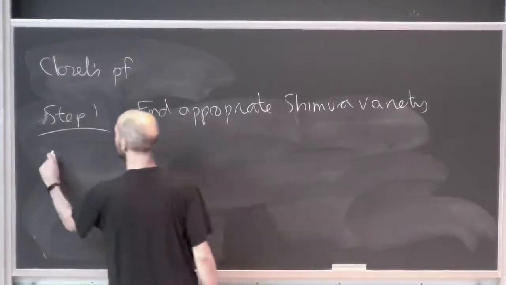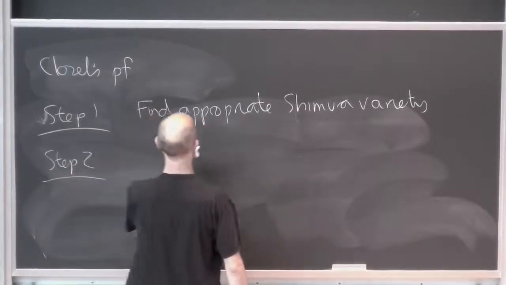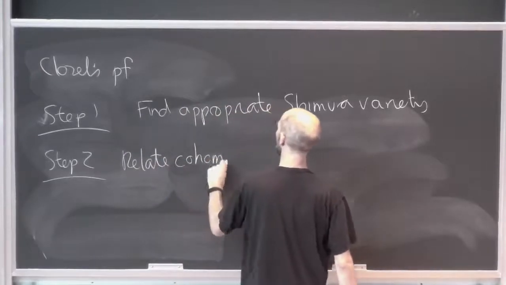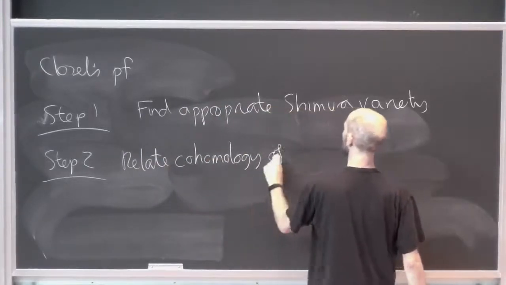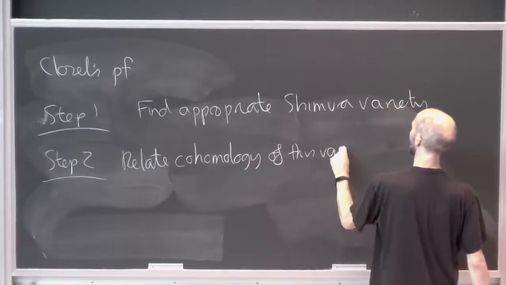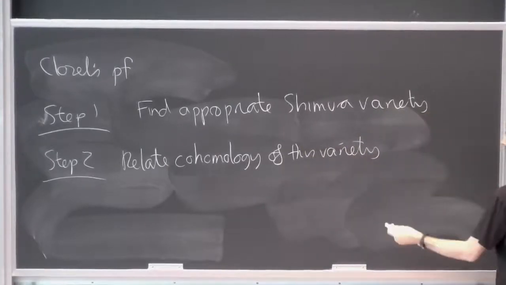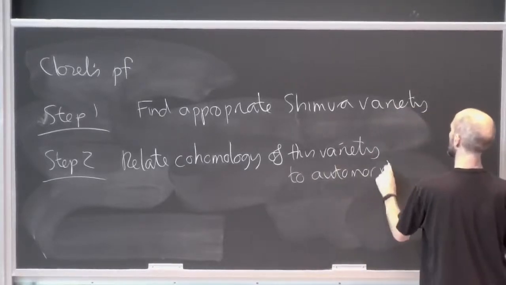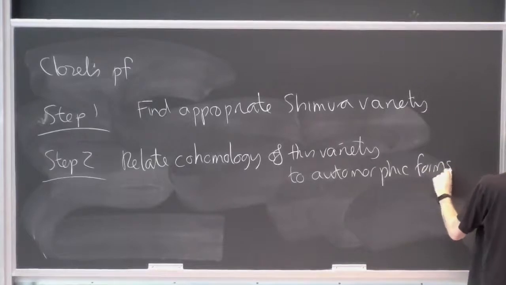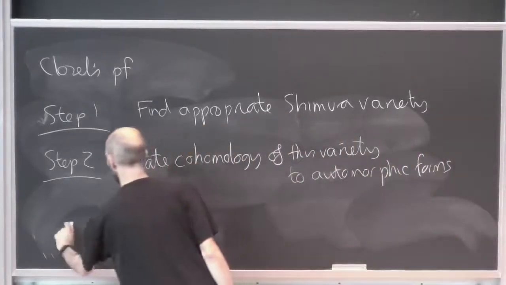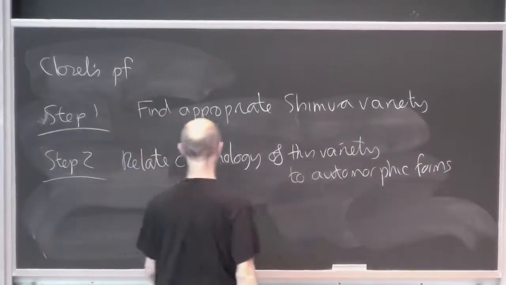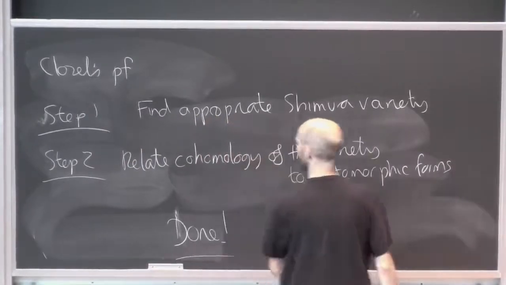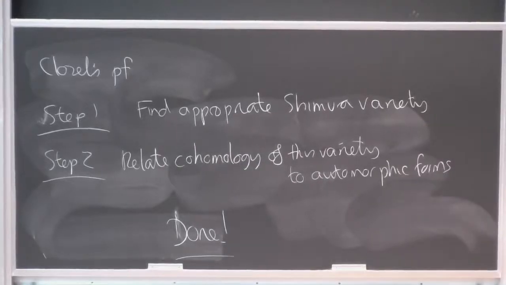Step 2, relate the cohomology of this variety to automorphic forms. And then step 3, done, right? That's how the proof works. It's kind of very simple, really.